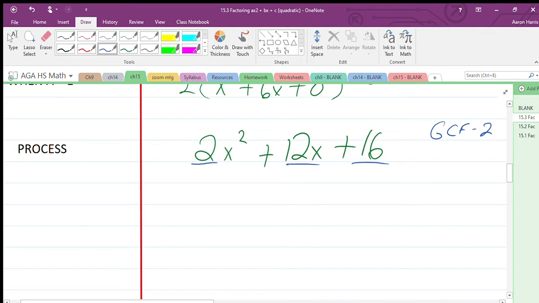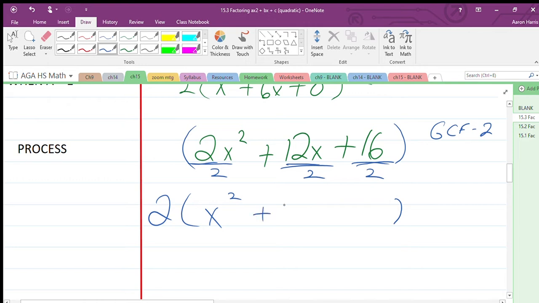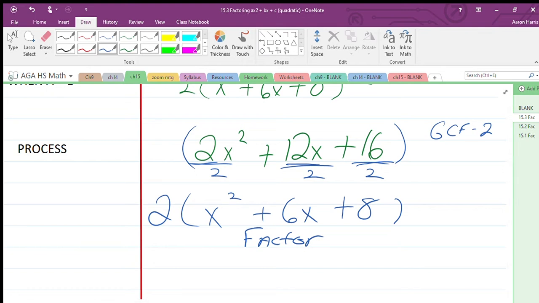So now, if I have a 2, make your set of parentheses, put the GCF outside, divide each term by what? 2. Okay? So I get 2 divided by 2, so that's 1, so I get x squared plus 6x plus 8. And now I can factor the quadratic that's on the inside, leaving the 2 on the outside, makes my life a whole lot easier.